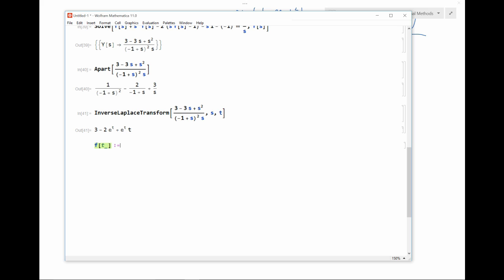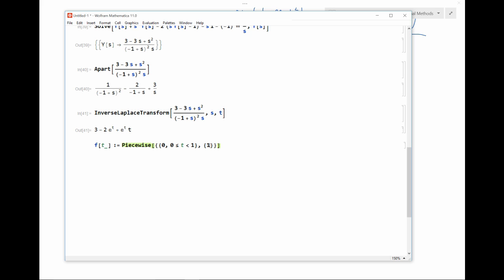So f of t was a piecewise defined function, and Mathematica has a command for piecewise defined functions. What it needs is a list of lists. In this list you specify the values and the condition where those values hold. The first one was when t was between 0 and 1.